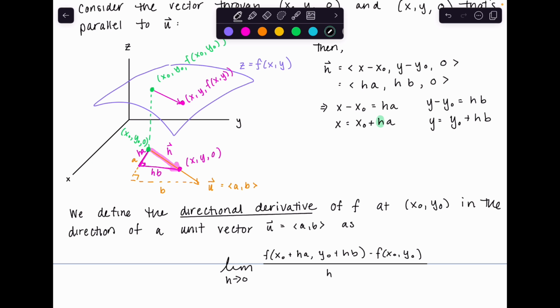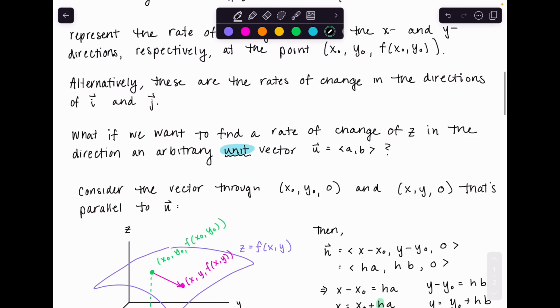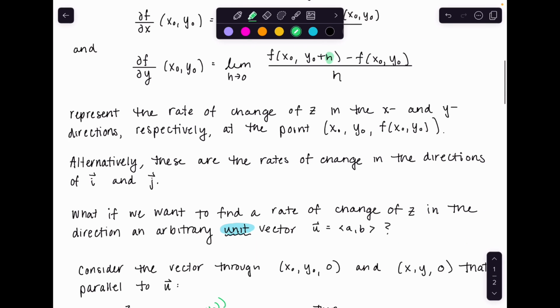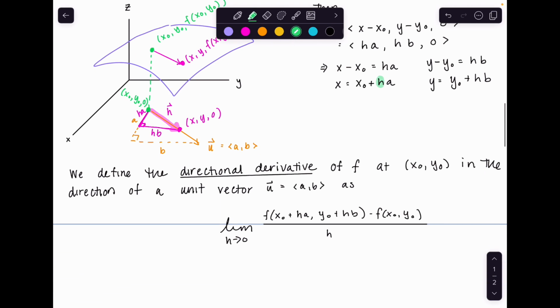So it's pretty analogous to our normal partial derivatives, but instead of just one component changing, they both are. And we've had to scale this component h into those directions a and b. So this is how we define our directional derivative, and the notation that we're going to use is we're saying take the derivative in the direction of u of the function at the point x naught, y naught. And then of course that's provided this limit exists.